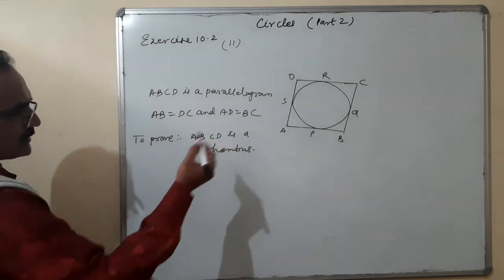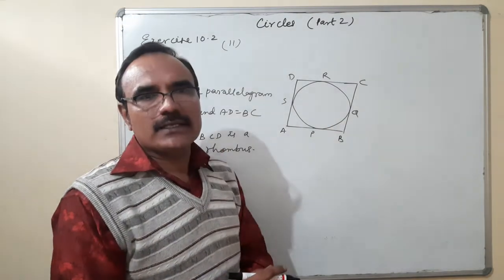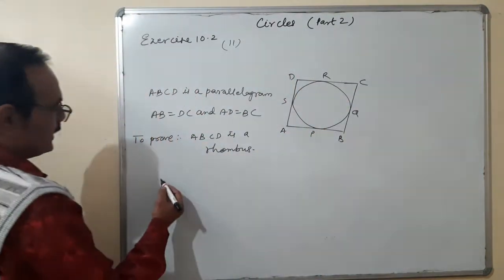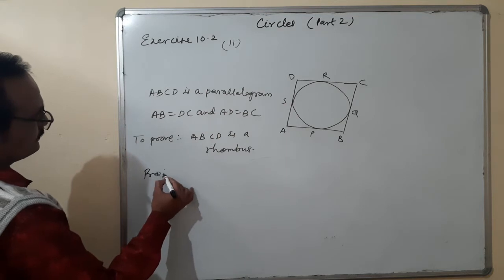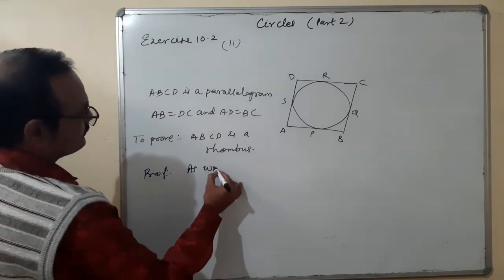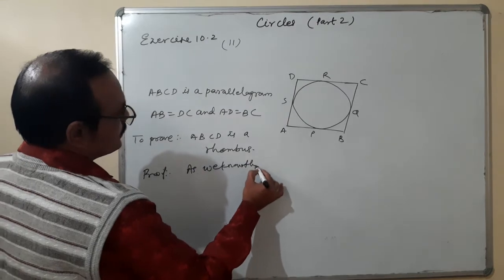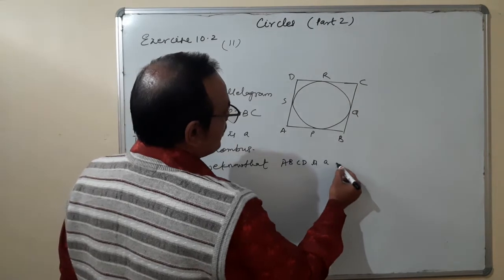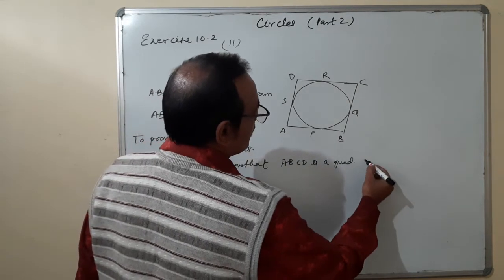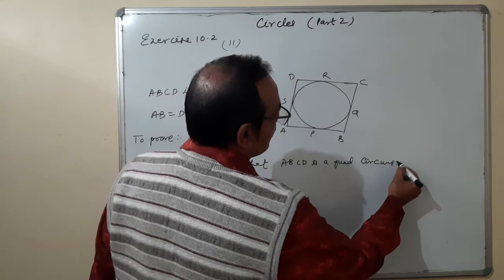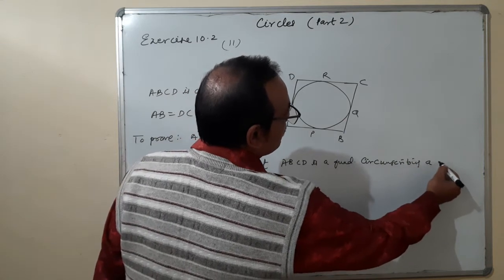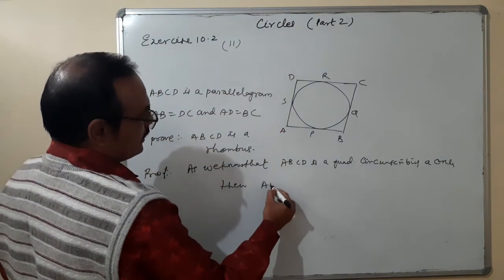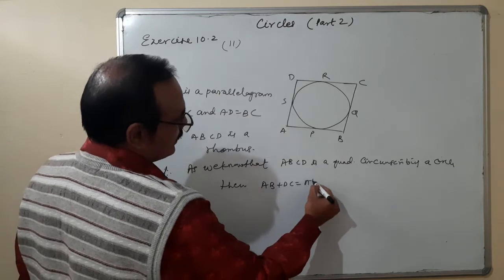As we know that a quadrilateral circumscribing a circle, then the sum of two opposite sides is equal to the sum of the other two opposite sides. As we know that ABCD is a quadrilateral circumscribing a circle, then AB plus DC is equal to AD plus BC.